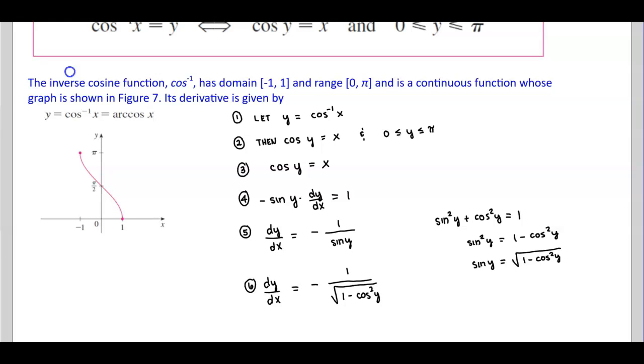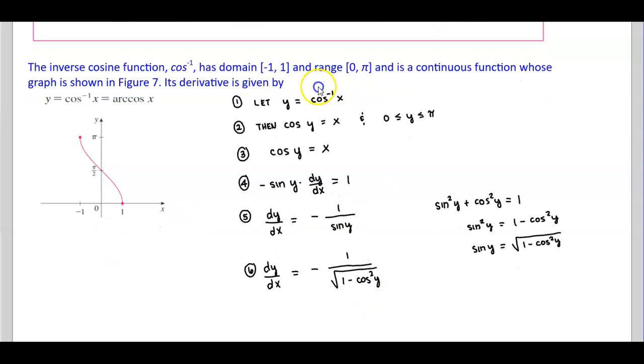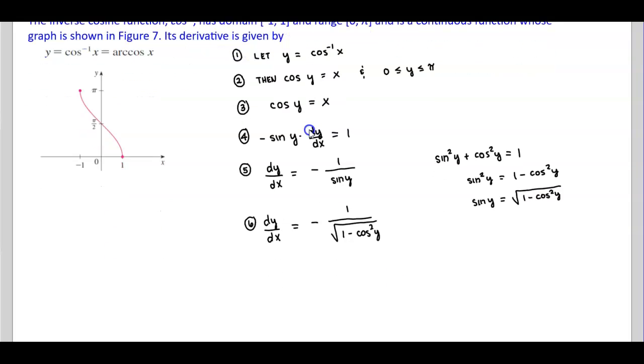And then we're going to replace the cosine of y to be x from our step number 2. So recall that this is dy over dx, which is equal to -1 over the square root of 1 minus the cosine of y squared, which is equal to -1 over the square root of 1 minus x squared.